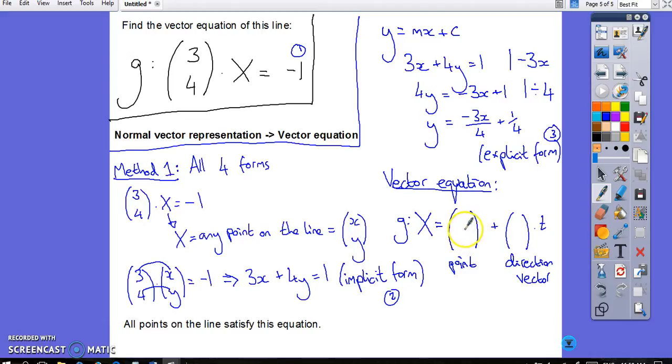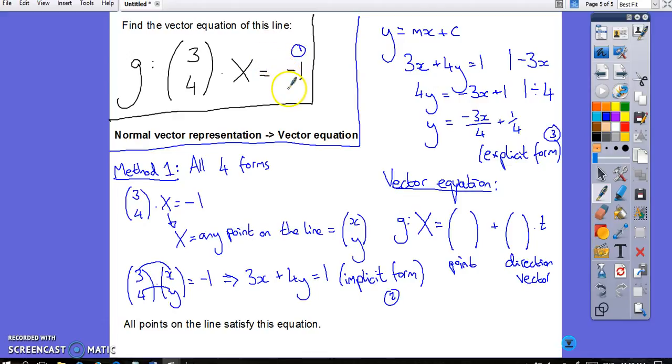So I start from a point and I travel along the direction vector as many times as t tells me to, and by doing this I can get to any other point on the line. If t is negative, then I go in the other direction to get points in the other direction on the line. So a point we could easily find through any of our equations.